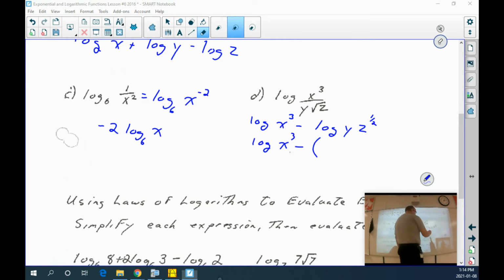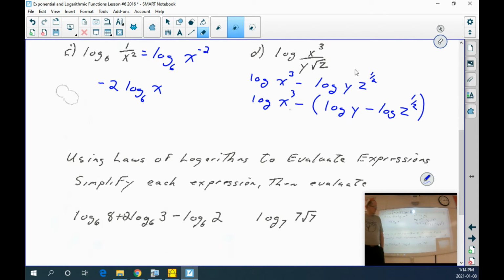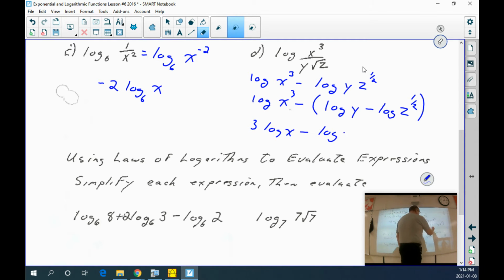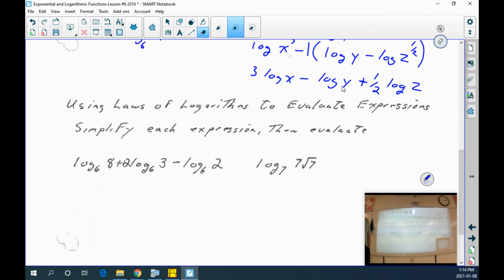I need to have the brackets on the sum of two logarithms. And then the final step is those exponents. I don't want those exponents on top. 3 log x minus log y plus 1/2 log z. Now what I've done here is I've expanded the -1 that's outside the brackets in and dropped them. I could have just left it as brackets there, not an issue.